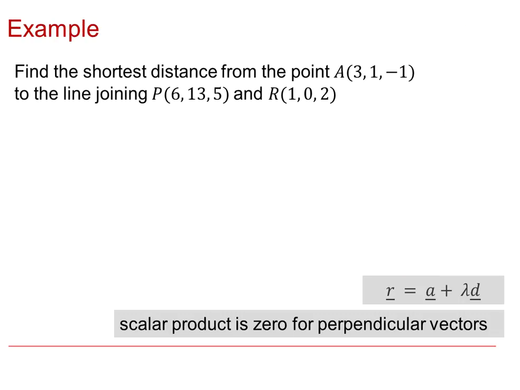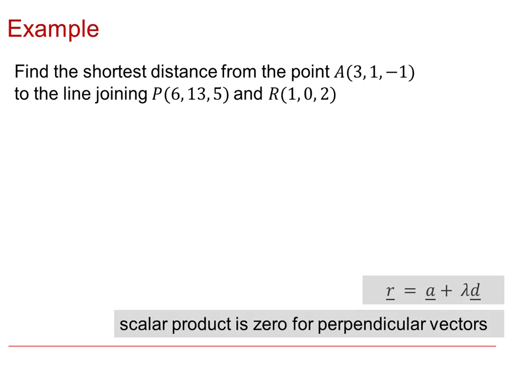In this example, we're asked to find the shortest distance from the point A, 3, 1, minus 1, to the line joining two other points, P and R, given as shown. Let's see what we need to work out.